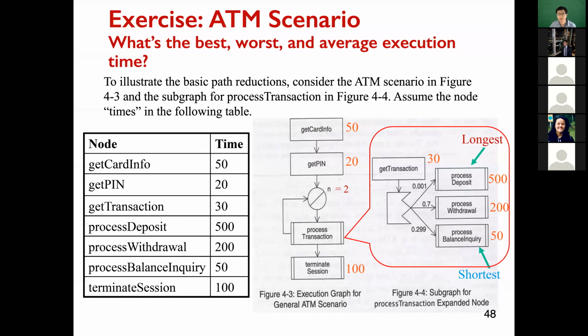Okay, we got a few results, and the right answer for the average path is 540.9. So how do we do the calculation? First we calculate the execution time of the subgraph, which is the process transaction node.